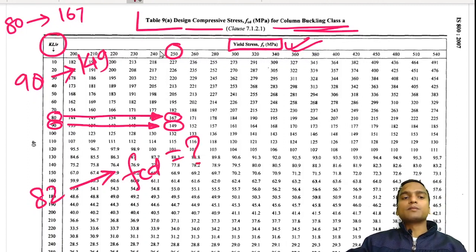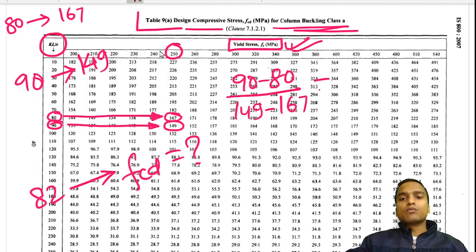Here we have to do the interpolation, and in interpolation see what we do basically. You subtract these two values, 90 minus 80, then divide it by 149 minus 167, and equate it.